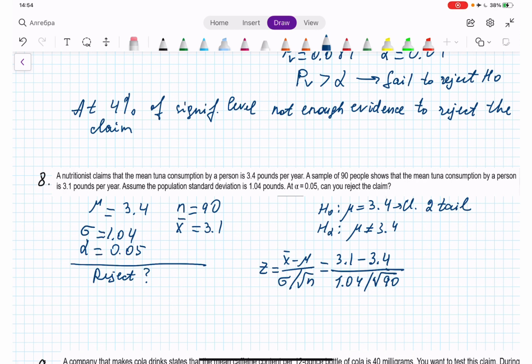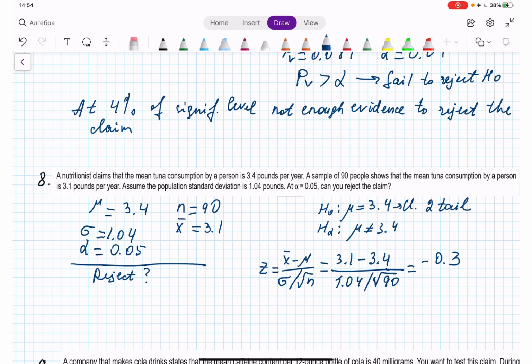So 3.1 minus 3.4, we are getting negative 0.3. Next, the square root of 90 is going to be 9.49.